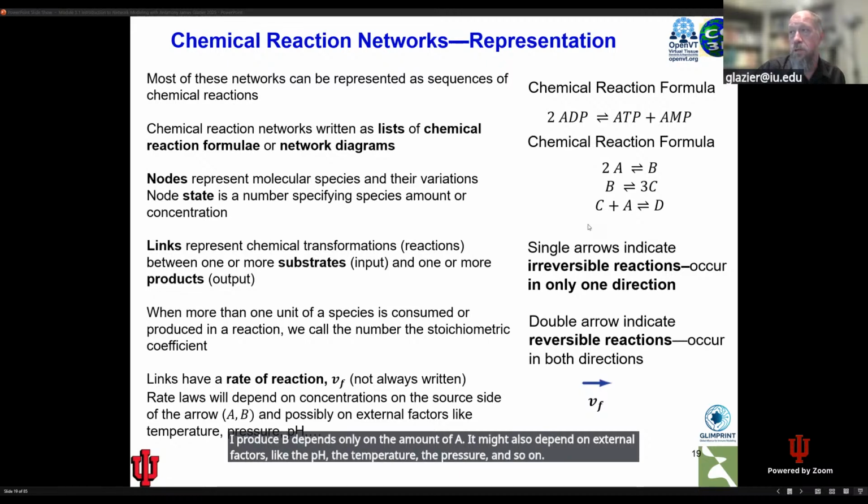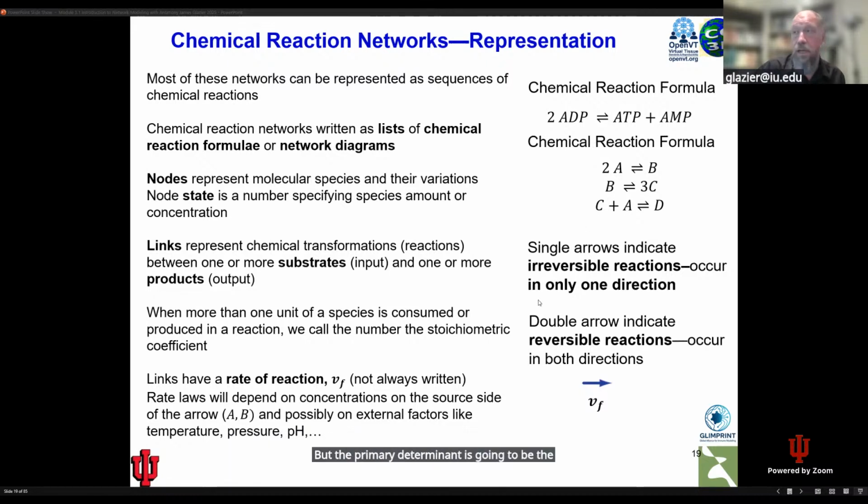But the primary determinant is going to be the concentration of A. Similarly, going backwards, if I have C going back to B, the primary determinant of that rate will be the concentration of C. The net rate will depend on the concentrations of both B and C, but the forward rate is determined by B, the backward rate is determined by C.